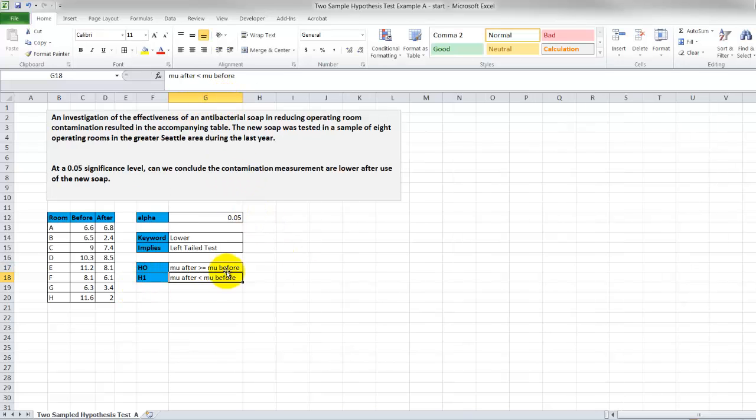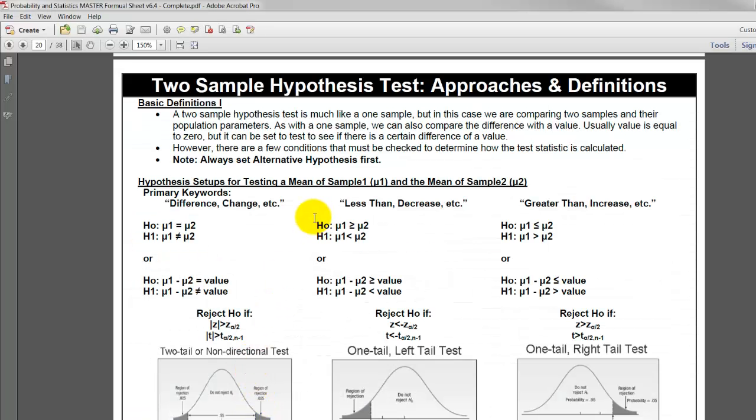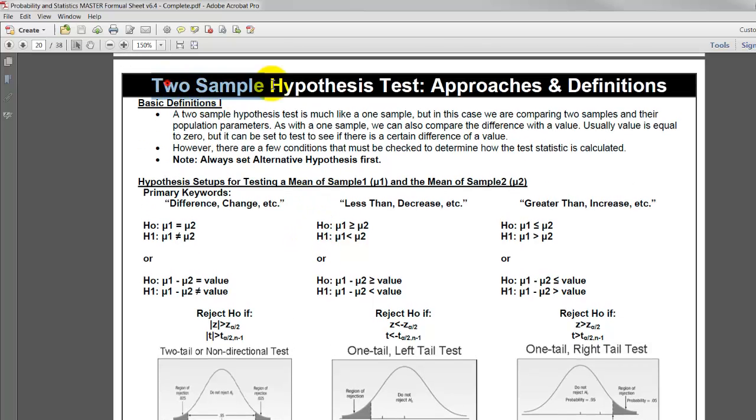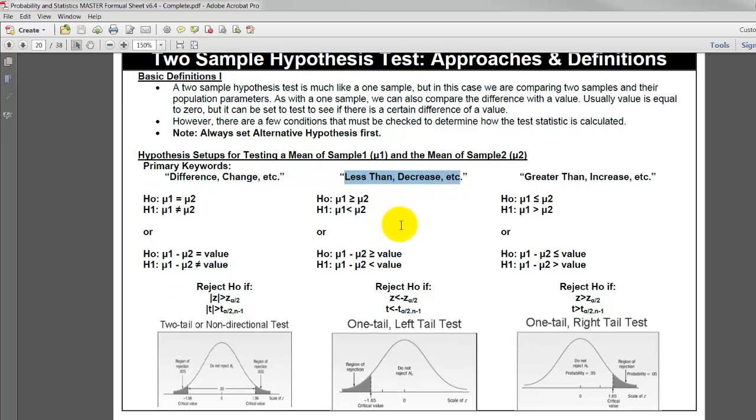Okay, so if you're having a little bit of problems understanding why I wrote the hypothesis statement this way, let's go ahead and look at the formula sheet. So we are comparing two samples, so we're in the two sample section of the formula sheet. We have a keyword of less than, so we know it's going to be a one-tailed test.